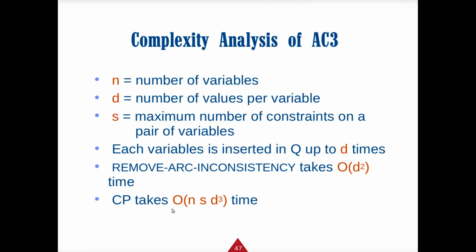For this algorithm, complexity is essentially quadratic. We have n as the number of variables, s as the maximum number of constraints, and d is the domain size. And basically d is going to be your limiting factor.